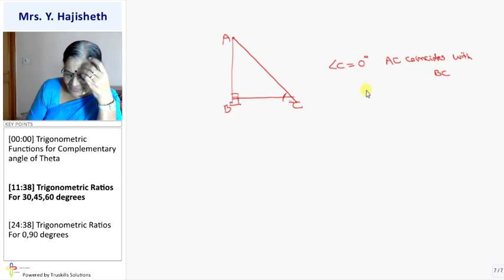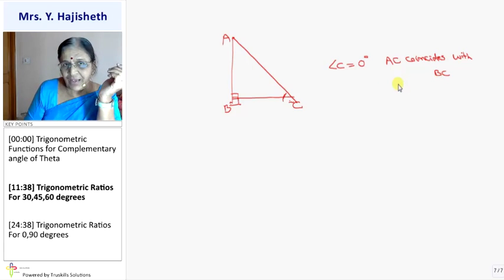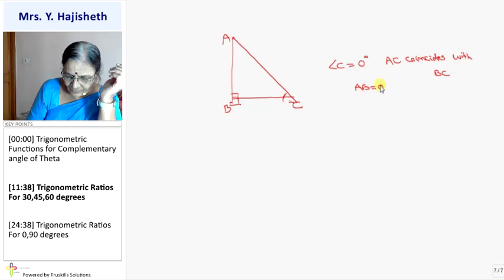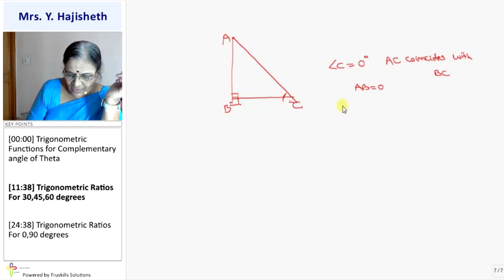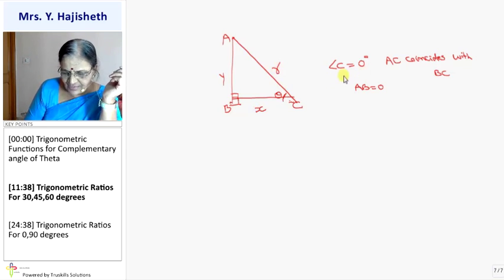When AC coincide with BC, then my AB is 0. So AB is the opposite side for this theta. So for theta, this is X and this is R. When angle C, matlab, that is theta is 0, then AC coincide with BC, matlab AB is 0, matlab my Y is 0.